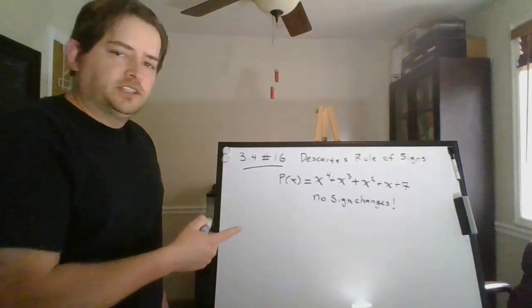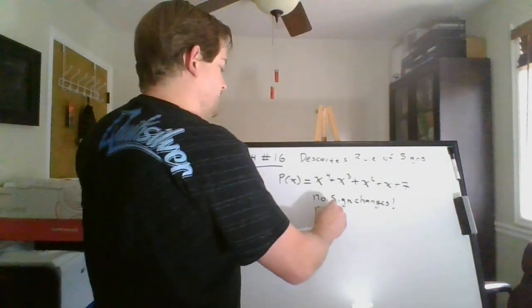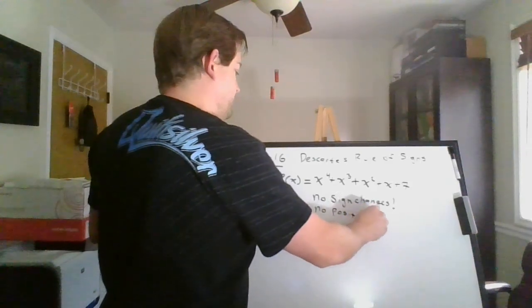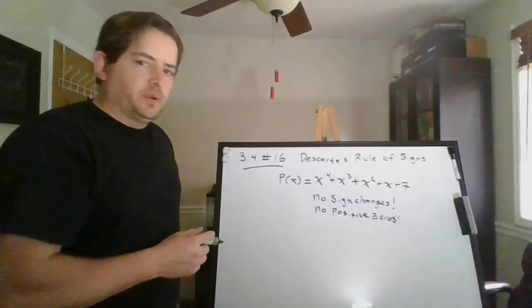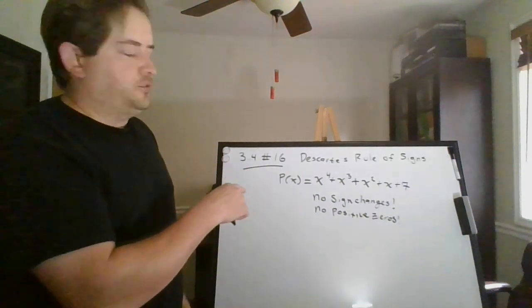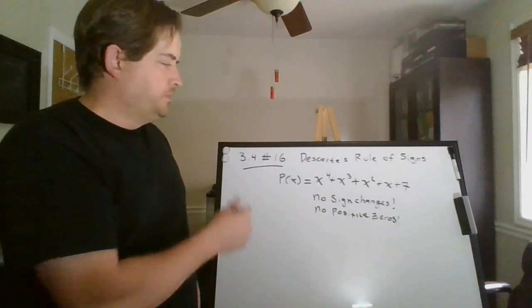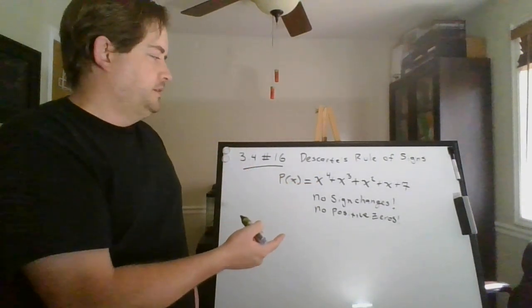And if there's no sign changes, there's no possible positive zeros. This is the ideal situation to find yourself in, because if you have to find all of those zeros, you've already eliminated half of them, right? I don't have to test any positive numbers to see if they'll work here.